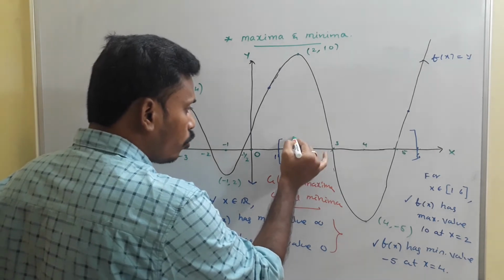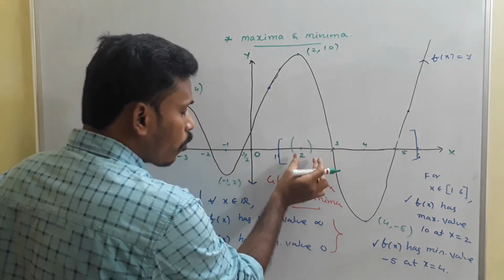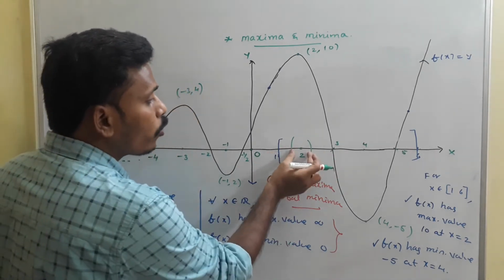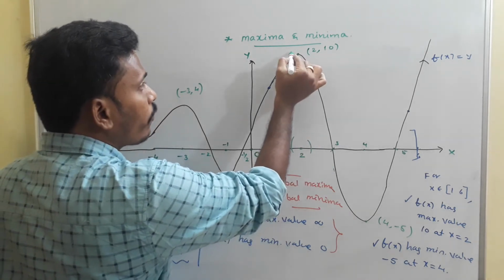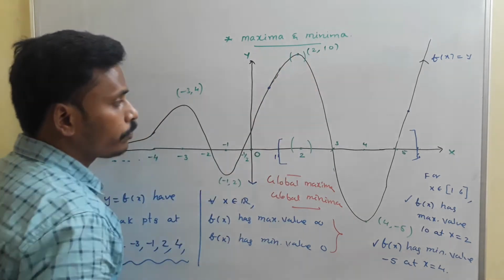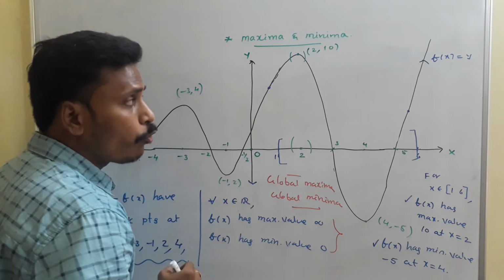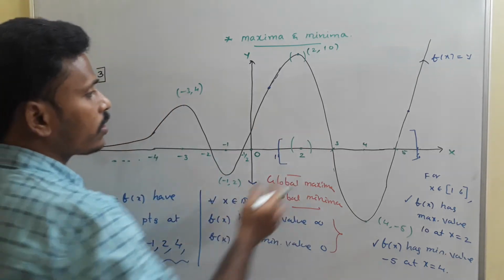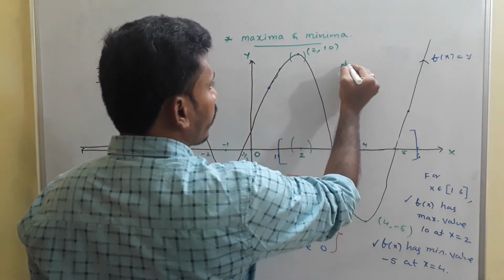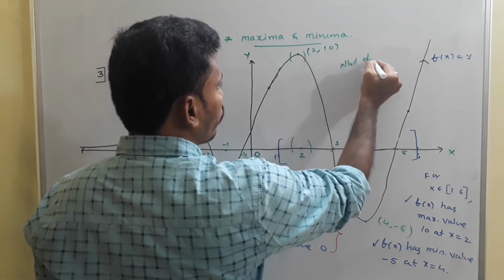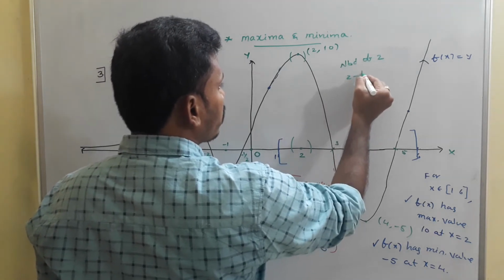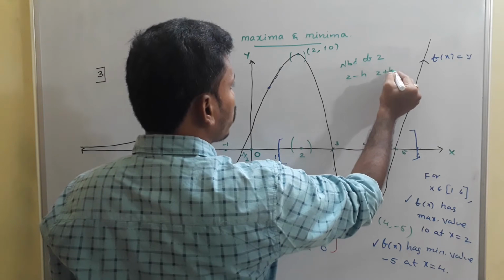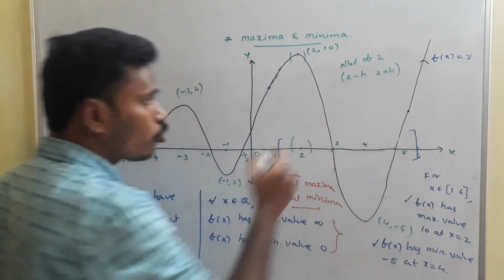This is point 2 and you consider this small neighborhood of 2. In this neighborhood, if you think about the graph, this is the graph. Neighborhood of 2 means you need to consider a very small interval in the surroundings of 2, like 2 minus h to 2 plus h.